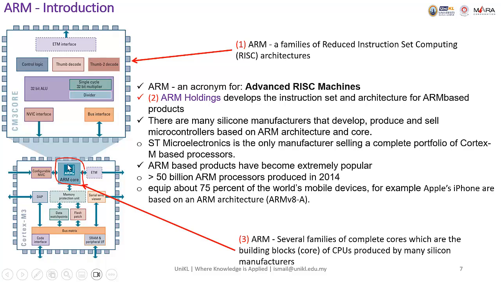ARM only makes the core. This is the one that STM or another manufacturer bought from ARM, and then all the others are done by the manufacturer, for example, ST.